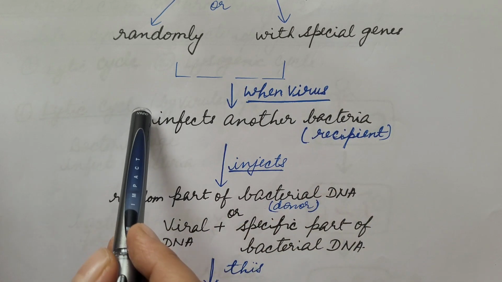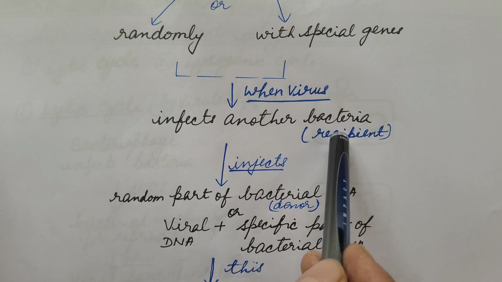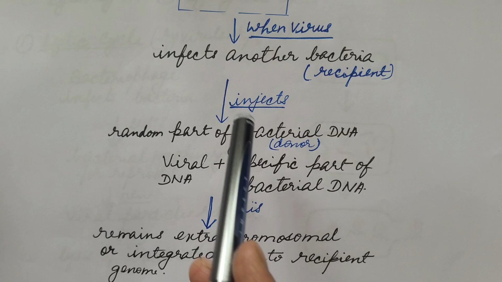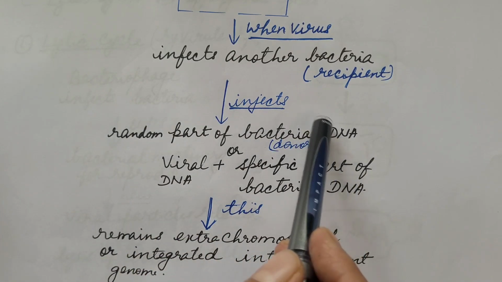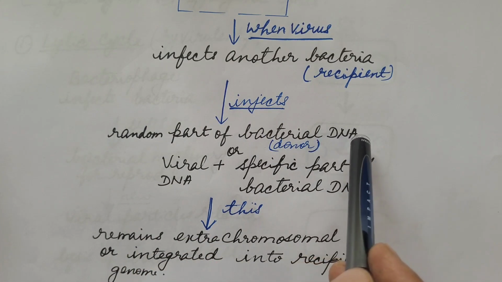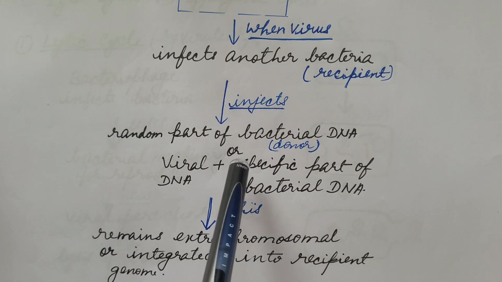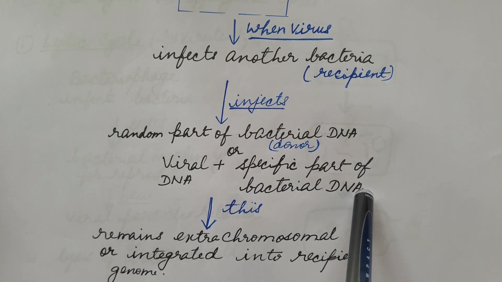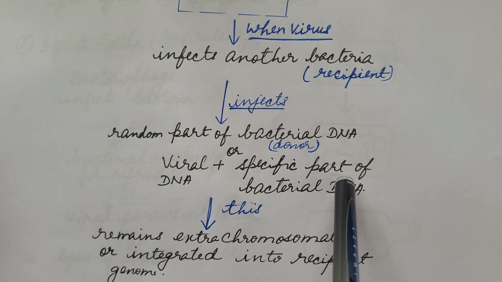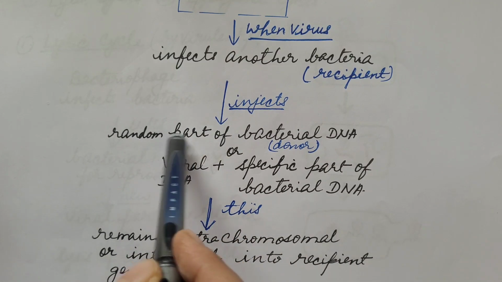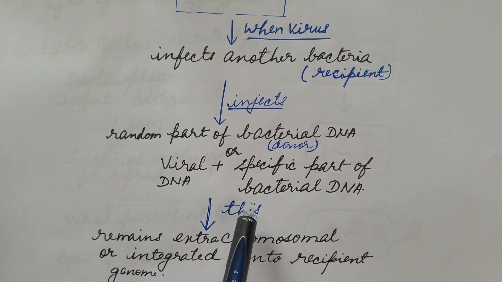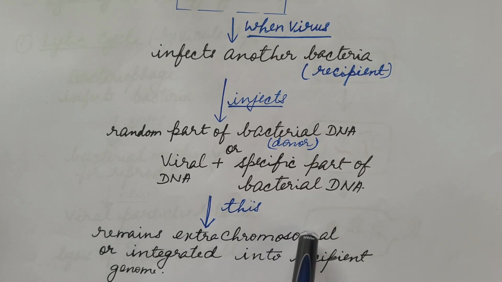When virus infects another bacteria, that is the recipient bacteria, then it injects a random part of the donor bacterial DNA, or viral DNA plus a specific part of the bacterial DNA packed in the virus particle. So either this or this is injected. This then remains extra chromosomal or is integrated into the recipient genome.